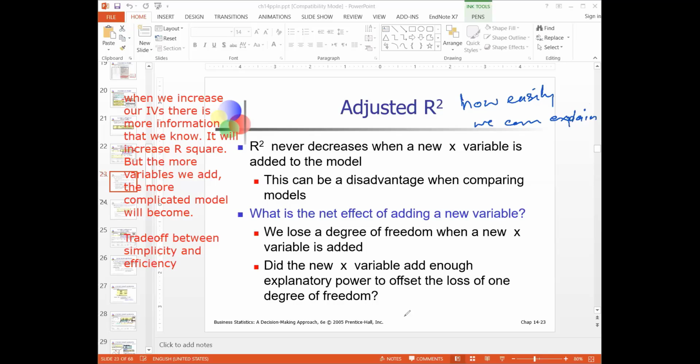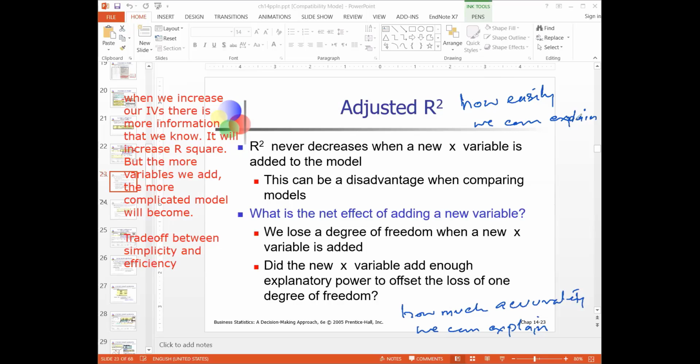And what is efficiency? How accurately we can explain. So if you need more accuracy, you need more variables. If you need to be simple, you can reduce variables.